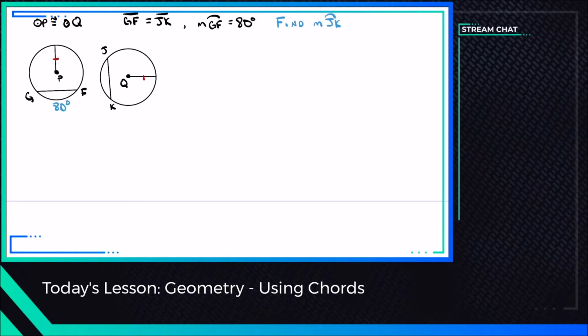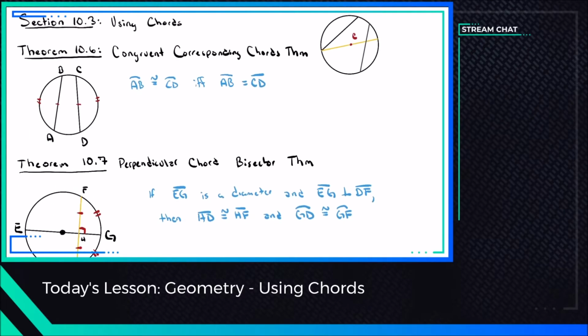Well, we're going to use the corresponding congruent chord theorem, which states that if two chords are congruent, then the corresponding arcs are congruent. And we know that these two chords are congruent given this statement right here, but in our original theorem, they had to be in the same circle.